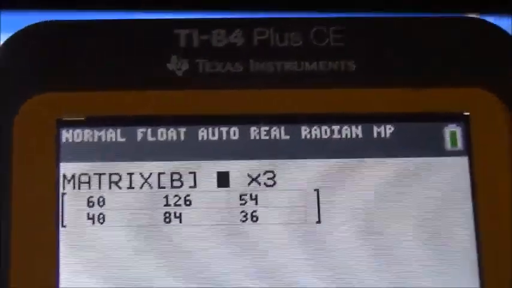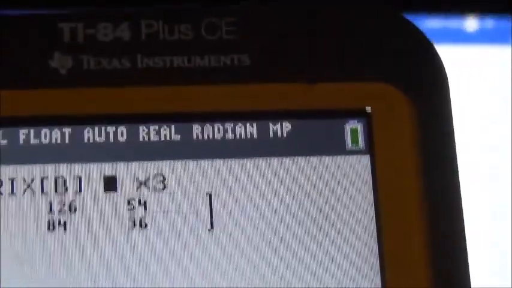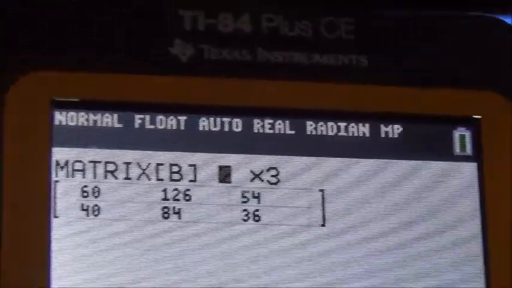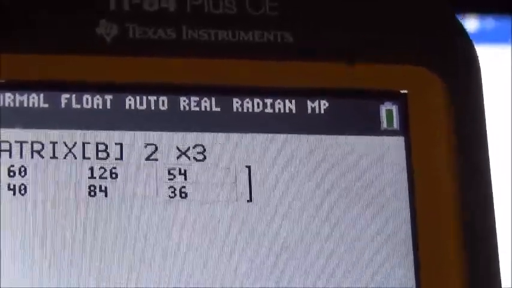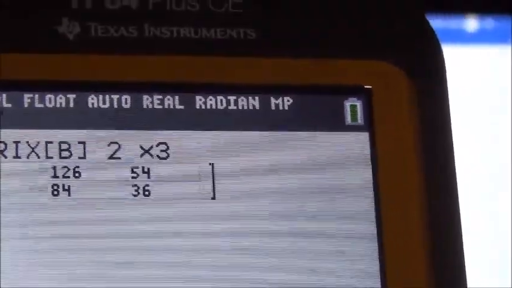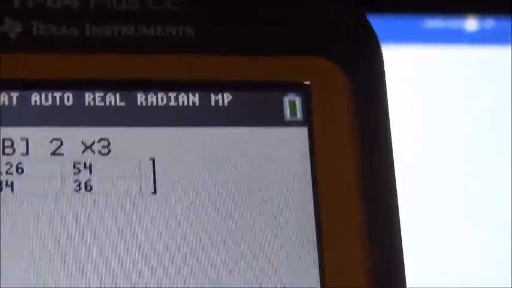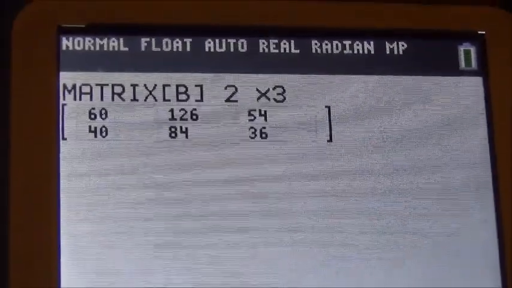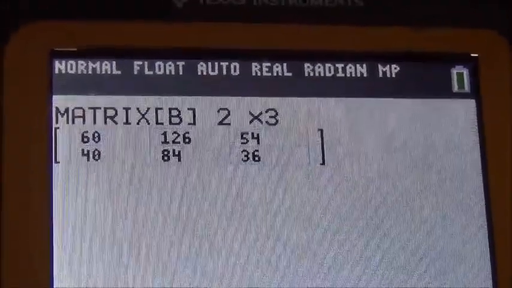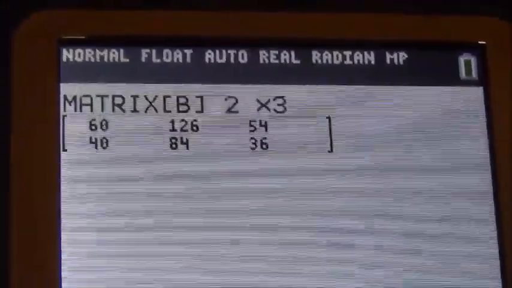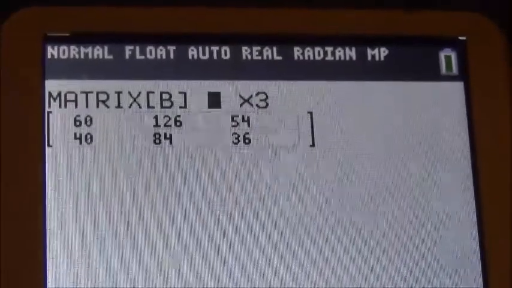So now I know my expected values. For the receptive, we have values of 60. You can see the 126 is already in there and the 54. So you'll want to enter the 60 and the 54. And then for the not receptive, we have values of 40, 84, and 36. So we're going to put in the 40. You can see the 84 is already in your table and the 36.